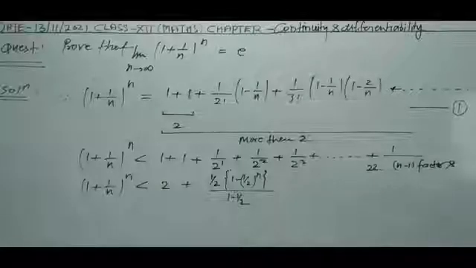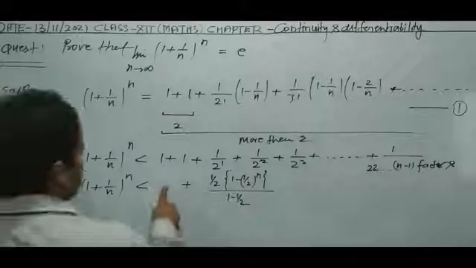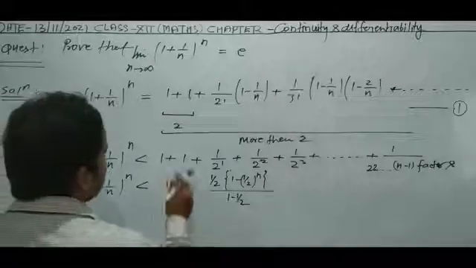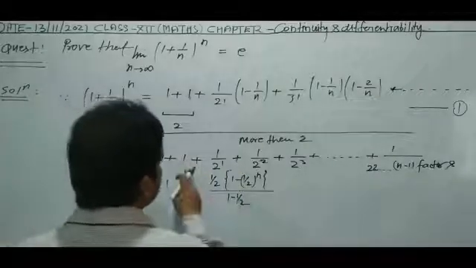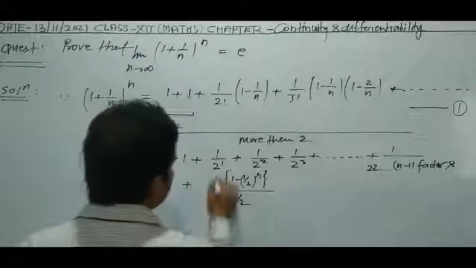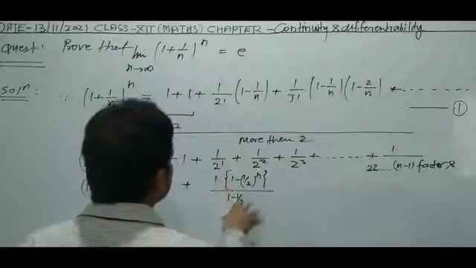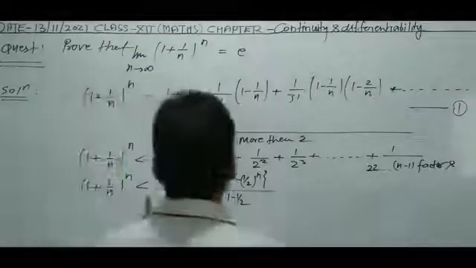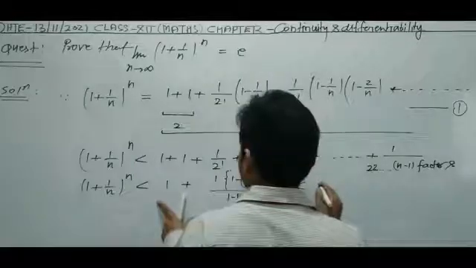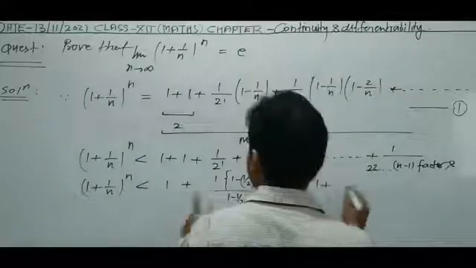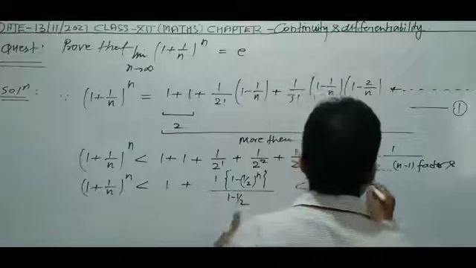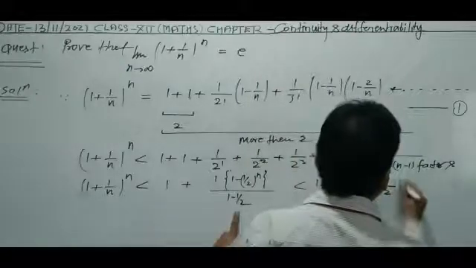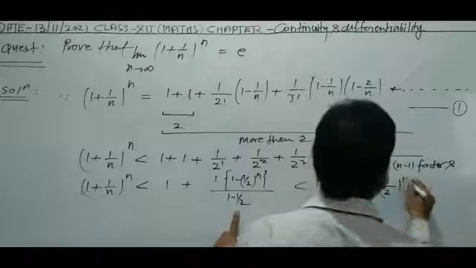The first term will be 1, because the series starts from 1, which is 1 by 2 to the power 0. Now the calculation will be 1 plus 2 in bracket (1 minus 1 upon 2 to the power n).